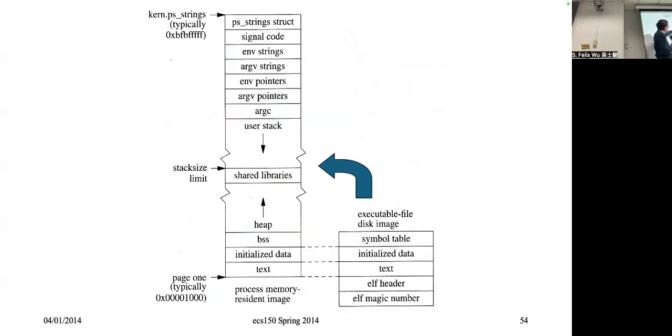I'm not going to talk about things like argv and argc, those are small things. But I'm going to talk about two things: the user stack and the heap. When you're calling a function, you're putting it on the user stack. But when you do dynamic memory allocation, like you use malloc and free, you're using the heap.